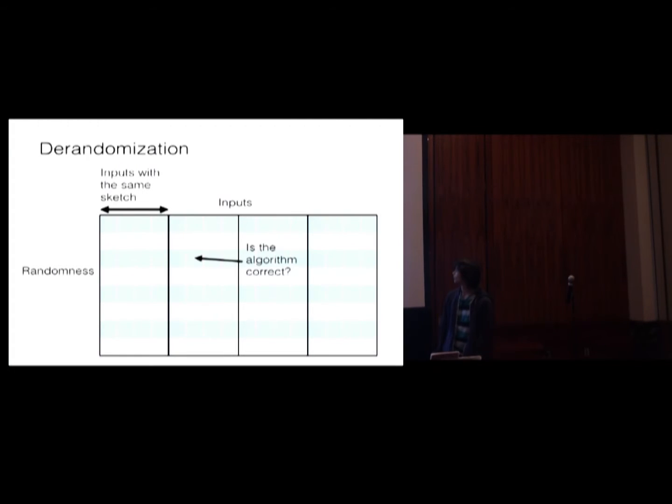So if the columns of two inputs in the same sketch are identical, we don't need as low an error probability. And in fact, we need something weaker. We don't need that the columns are identical. We just need that in each one of the boxes there are many rows that are full of check marks.